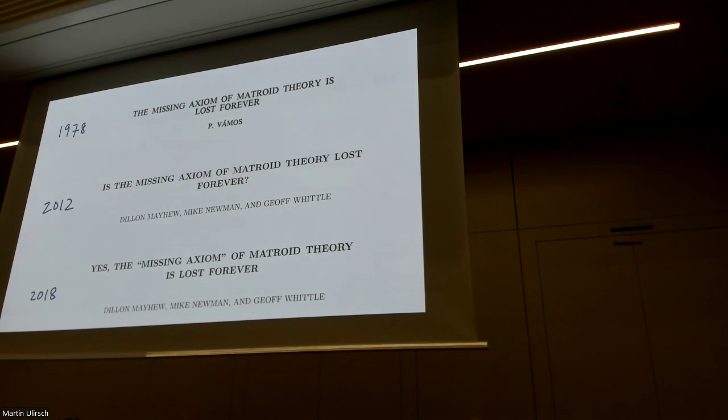In 1978, Vámos wrote a paper, "The missing axiom of matroid theory is lost forever." He proved that you cannot axiomatize representability using finitely many statements in first order logic. Then in 2012, these people came out and said, come on, first order logic is too restrictive, let's enlarge the language a little bit.